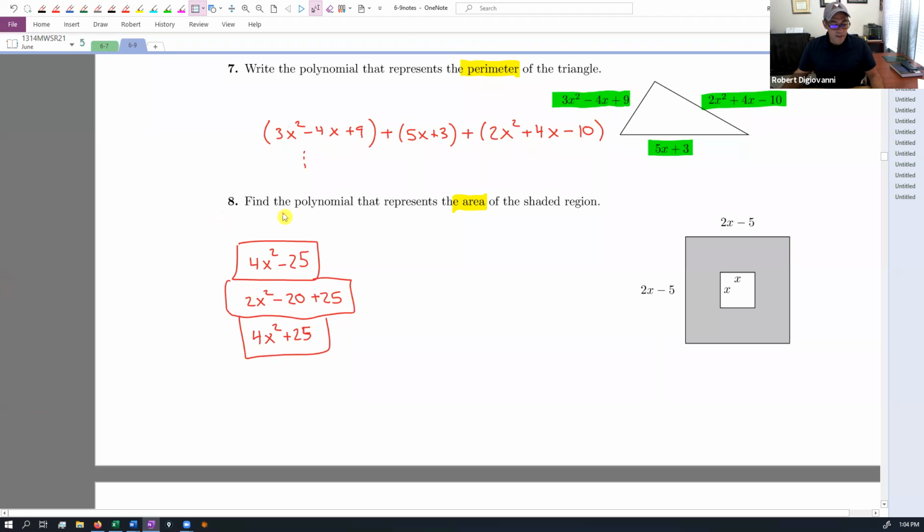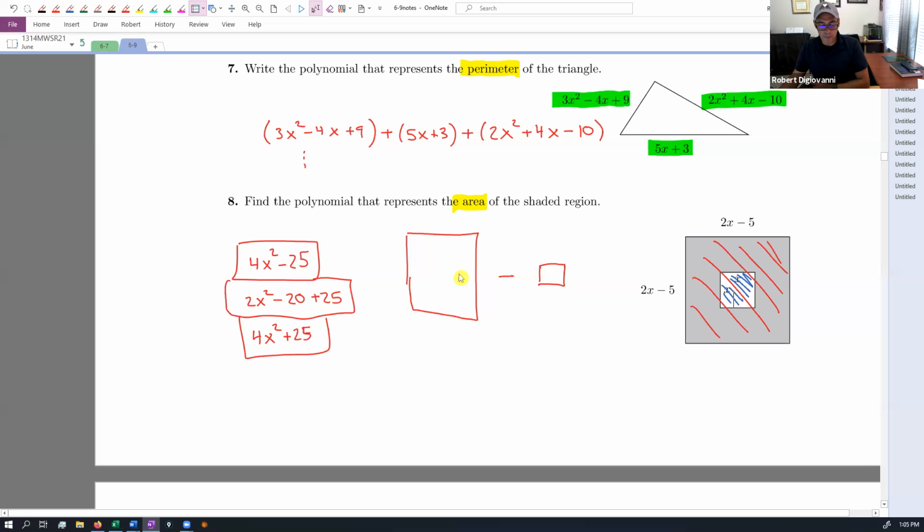So let's see. We are trying to find the polynomial that represents the area of the shaded region. So we want to know the area of just this gray. The way we can do this is we first find the area of the big rectangle and then subtract from it the area of the small rectangle. Imagine that you want to do the area of the whole thing and then take away from it that little area in the middle.